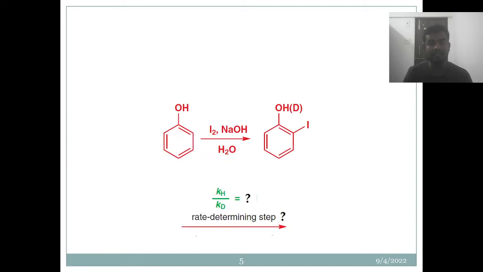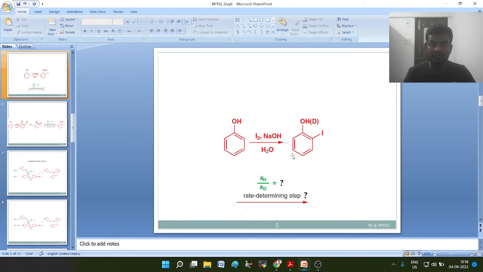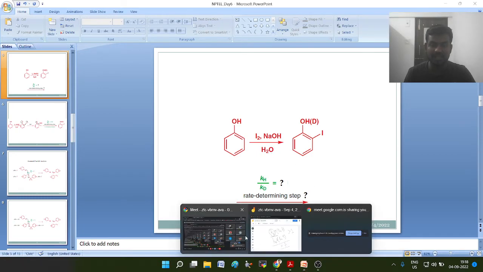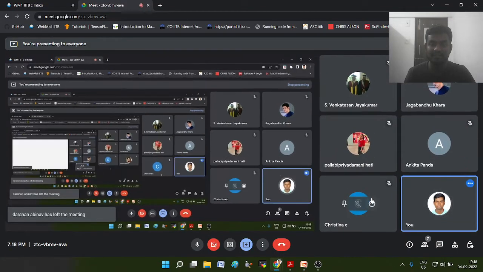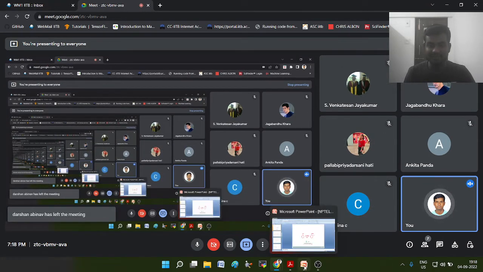What will be the kH by kT value for this aromatic electrophilic substitution reaction? Do you expect this value to be high, or similar to the case I showed you? I will give 1 minute, and please come up with an answer in the chat box, or you can say it. Let me show the reaction otherwise.